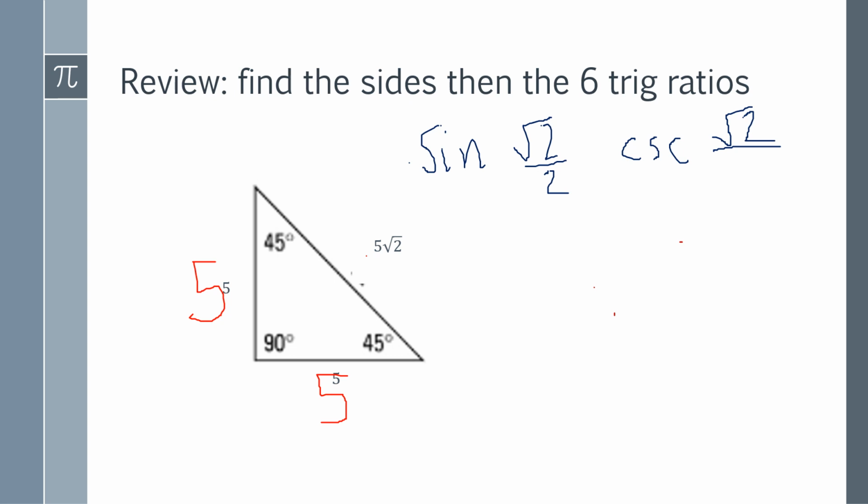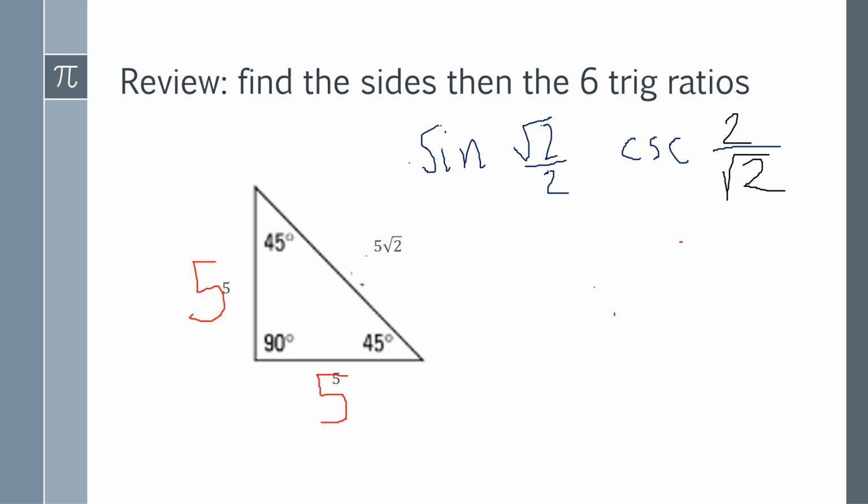No, you gotta flip it over. My bad. So it's gonna be 2 over square root 2. But there's something that I'm gonna have an issue with: that square root of 2 in the denominator. We can't have that happen.